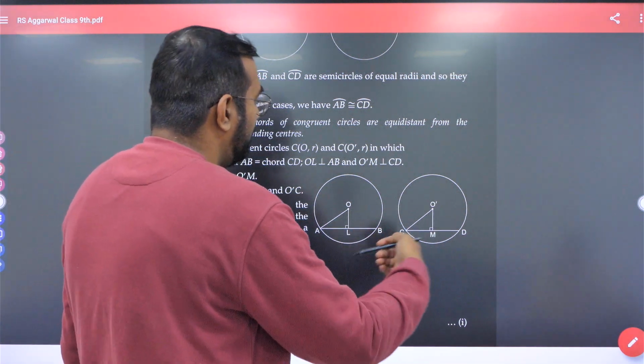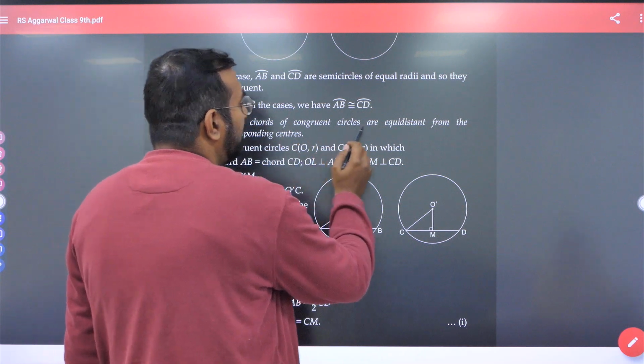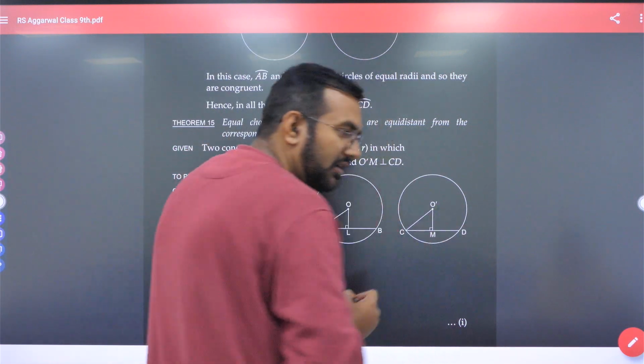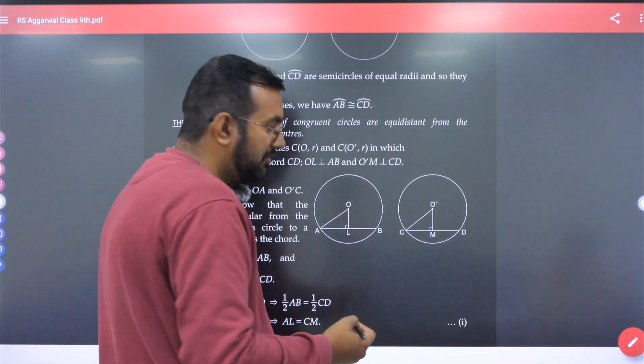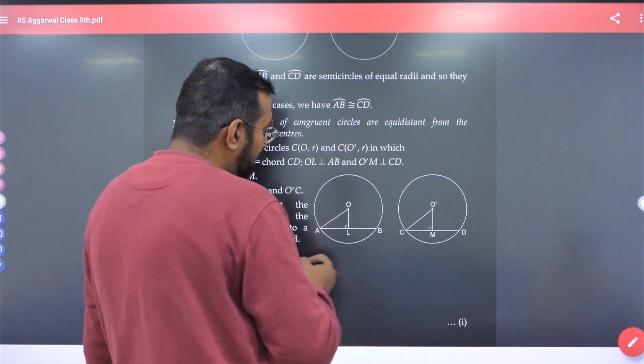For example, I am going to explain another one. Equal chords of congruent circles are equidistant from the center. Means here the chords are equal and the distance from the center will be equal, the distances being OL and O dash M. What is given?